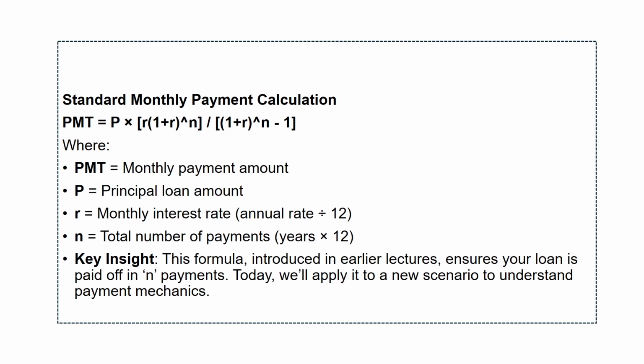PMT is equal to P into R into (1 plus R) to the power n, divided by (1 plus R) to the power n minus 1, where PMT is the monthly payment amount, P is your principal loan amount, R is the monthly interest rate, that is the annual rate divided by 12, and n is the total number of payment years into 12.